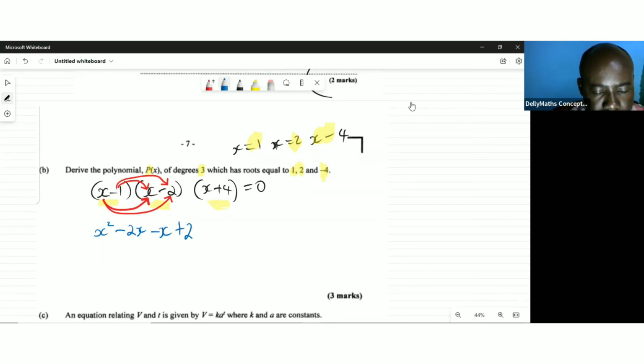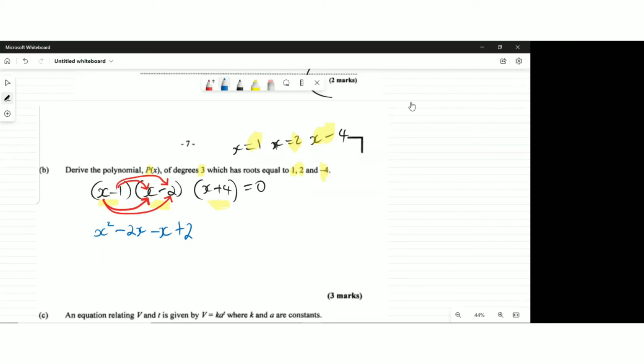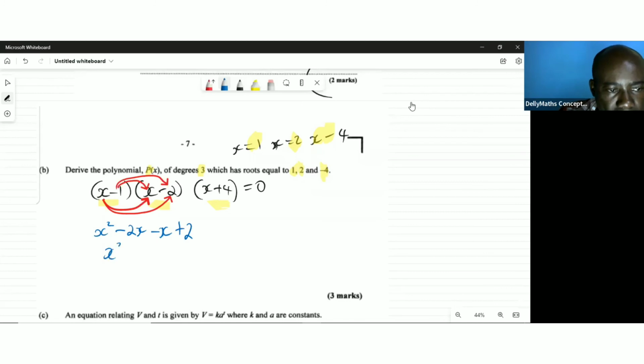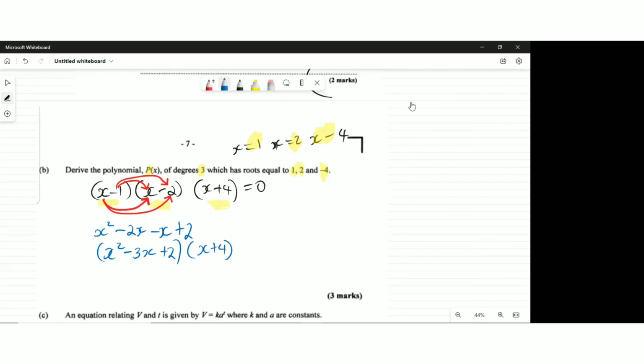Good? Yes, sir. So basically what we have out of this is x squared minus 3x plus 2, and that will be multiplied by x plus 4. Agree? Yes, sir. All right.